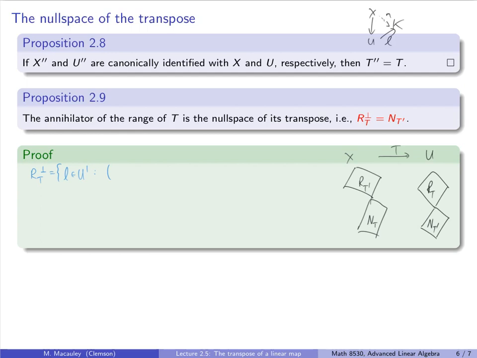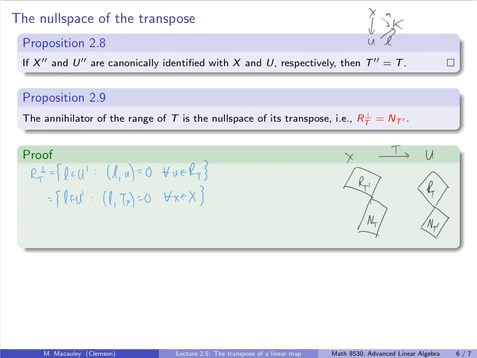That means that L of u equals 0 for all u in the range. That's just the definition of the annihilator of this subspace. Now, to be in the range, that means it has the form Tx. So let's just write that down. This is equal to the set of all linear functions in the dual such that L of Tx equals 0 for all x in X.